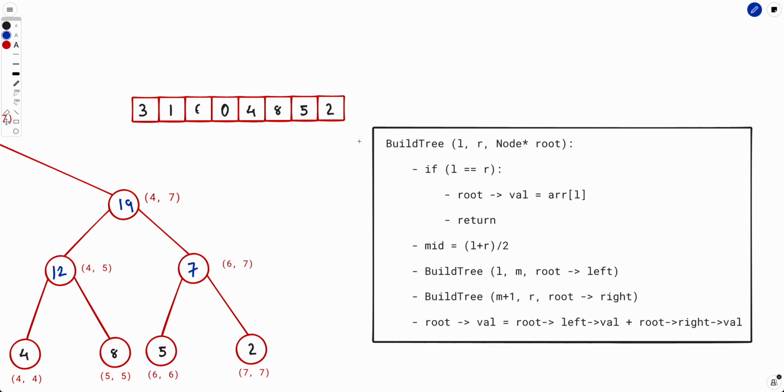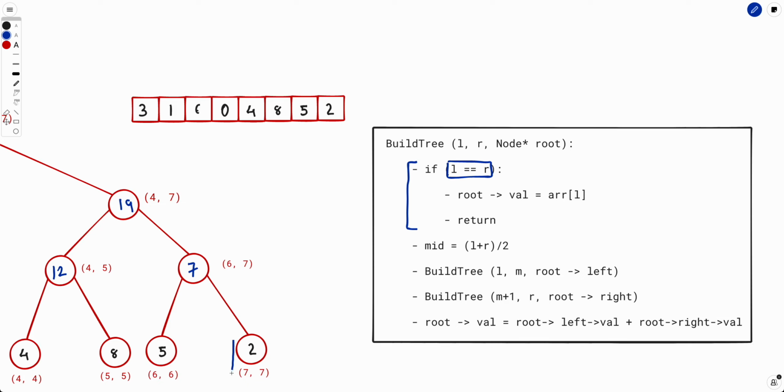So what we are saying is that we have to build the tree for L comma R, and this is the current root, right? Now this is the base case: if L is equal to R, it means this is exactly one index of the array. So if L equals R, what does it mean?